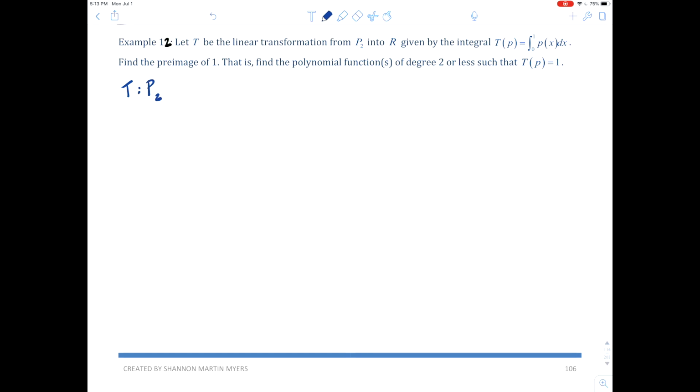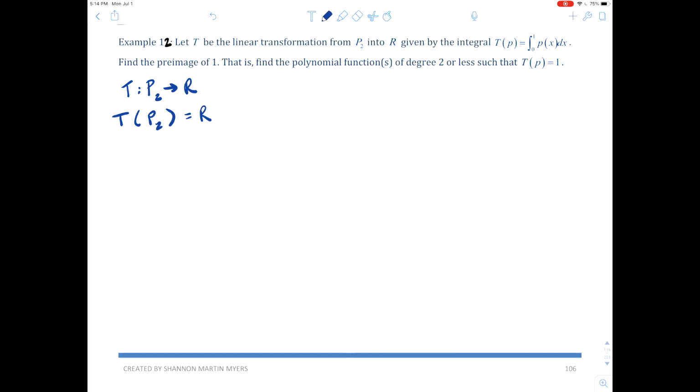Beautiful. We start with a polynomial of degree 2 or less, and we go to the set of real numbers. So that means that if you put some polynomial of degree 2 or less in, you get out a real number. Good so far?